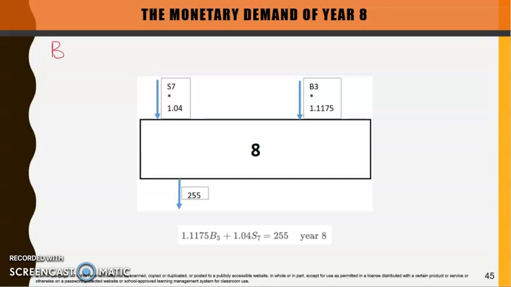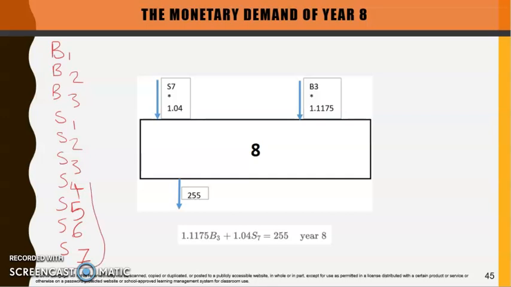So for B1, B2, B3, S1, S2, S3, S4, S5, S6, and S7, these are your decision variables, my friends, and all of them must be equal to or greater than 0.